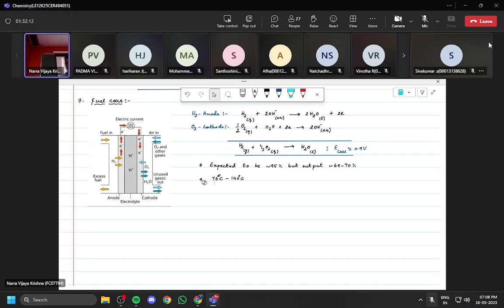So instead of that, we can also use CO, methane, etc. can be used for generation of electrical energy. By combusting them, we are creating electrical energy. So this is about fuel cells.